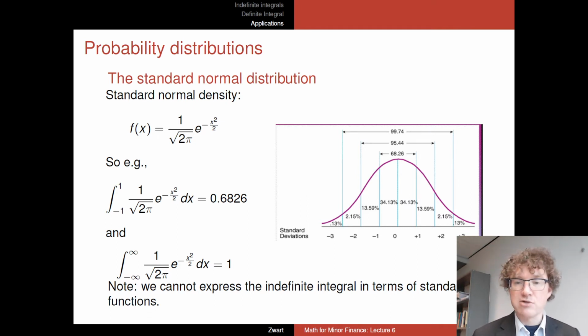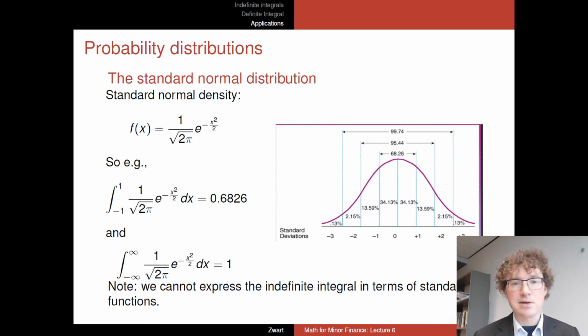So 1 standard deviation around the mean, so around 0, the probability of ending up there is the integral between -1 and +1 of this distribution. The area under the graph between x equals -1 and x equals +1.